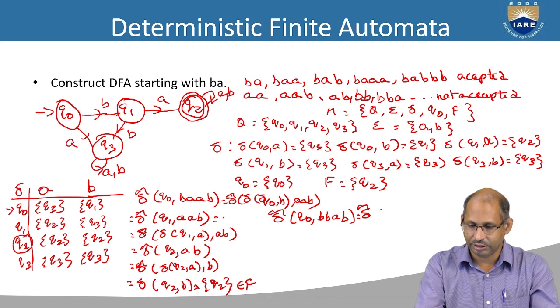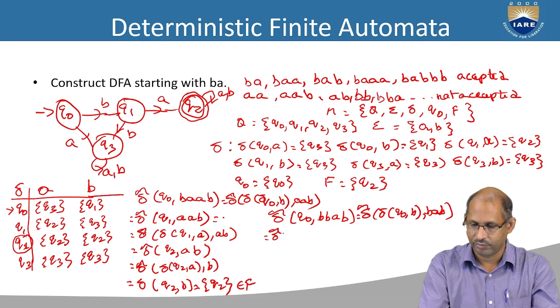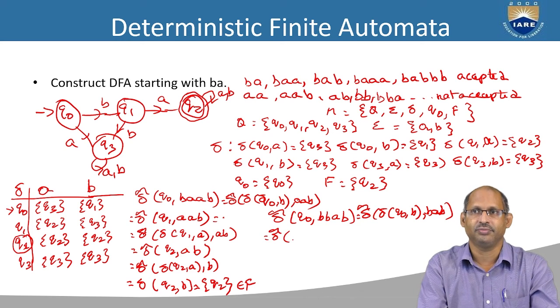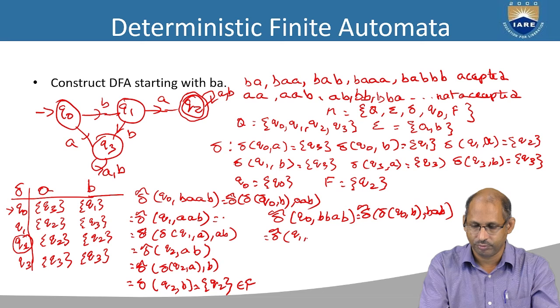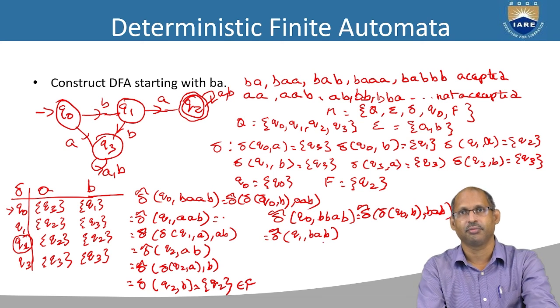So string transition function, Q0 on B followed by BAB. What is Q0 on B? It is Q1. What are the remaining symbols?